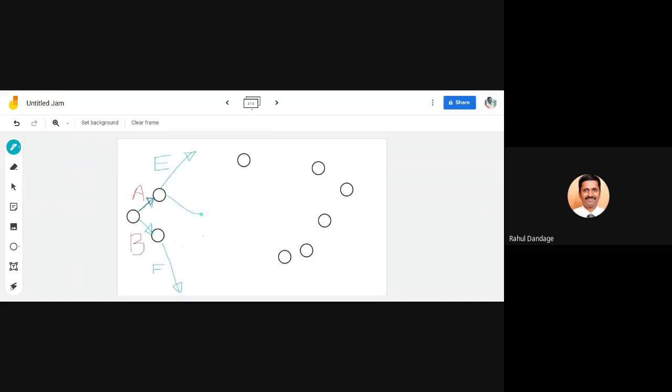I am drawing two arrows. I will say this is my C and this is my activity D. And then I will put this event at this particular location so that C and D are getting merged at this particular event. They are terminating at this particular event.